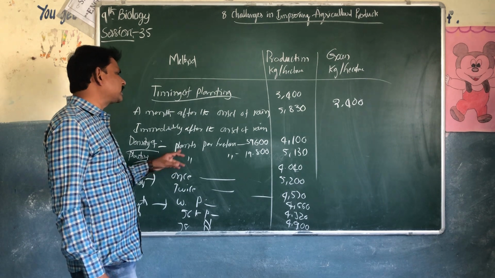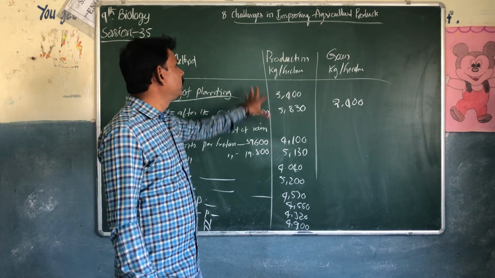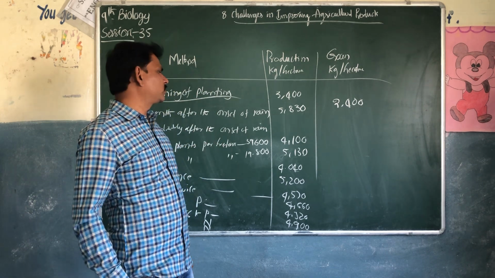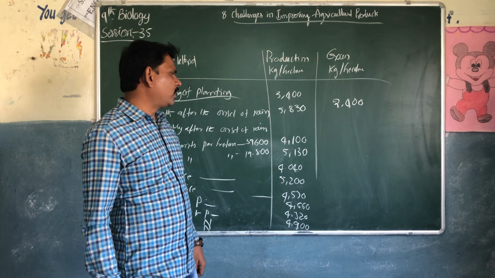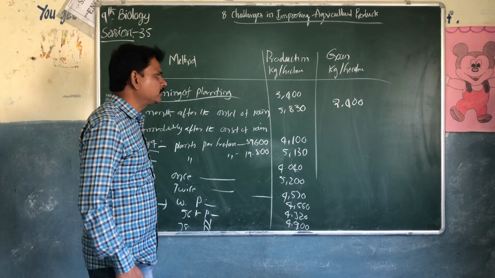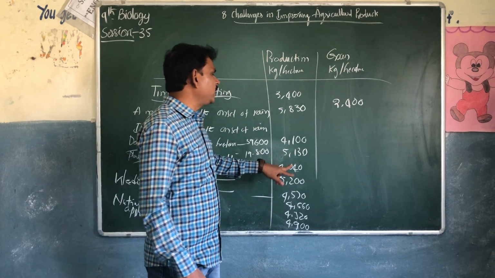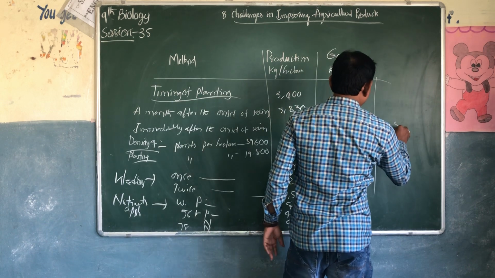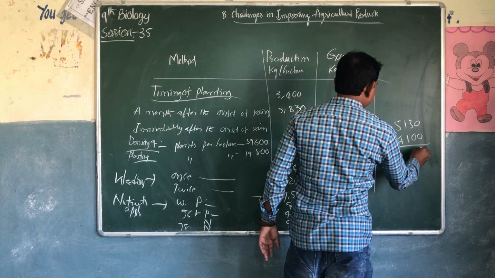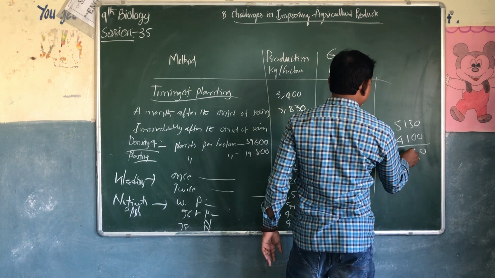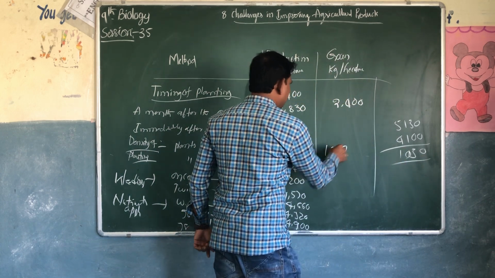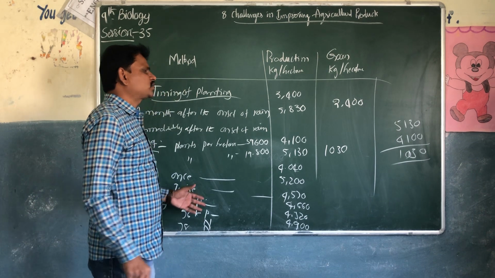The one who sowed 39,600 got 4,100 kg per hectare. The one who sowed only 19,800 plants got 5,130. The difference is around 1,030 kg per hectare extra.